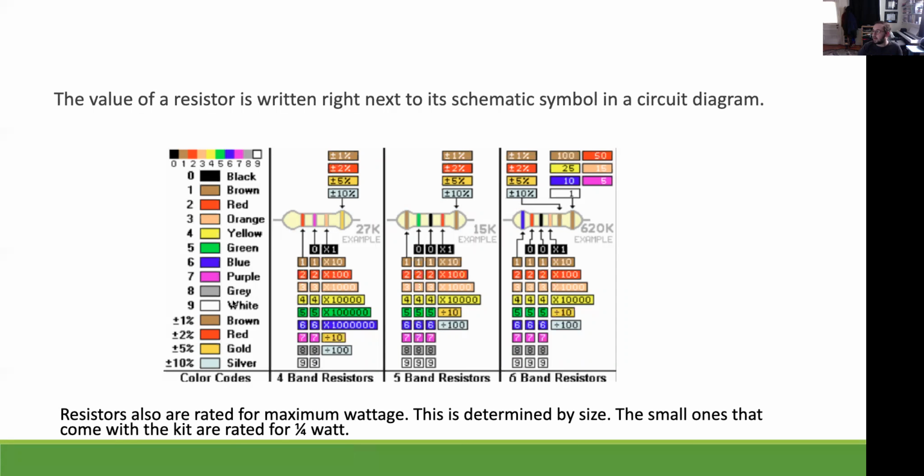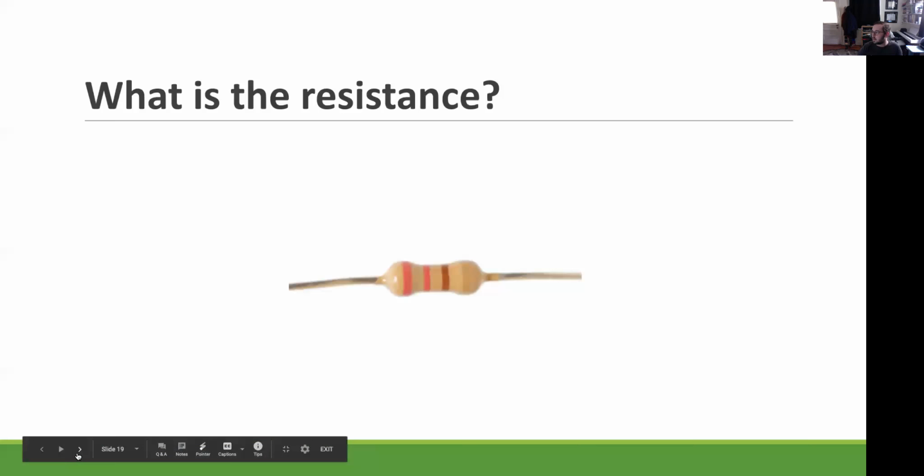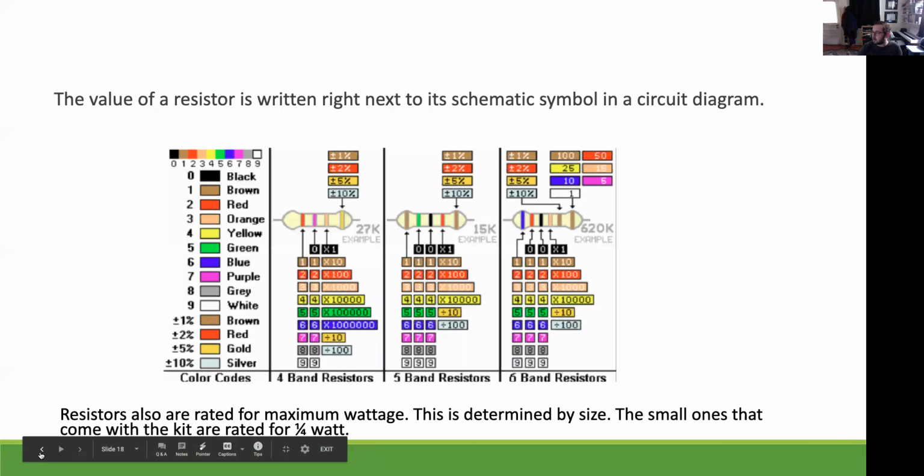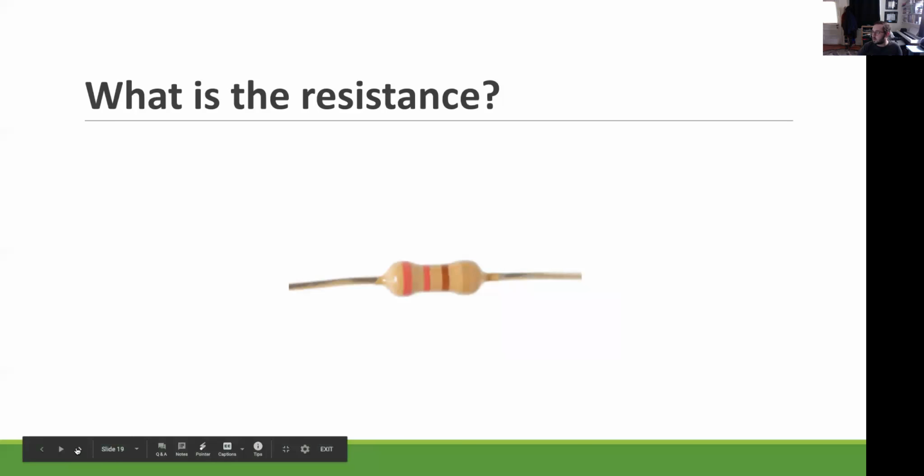Basically, that's just the variance in it, how accurate it is. The color in this video is a little weird. Yeah, that was the orange one. So 33 times the brown, which is times 10, so we have these two digits and then a multiplier. 33 times 10 is 330 ohms.